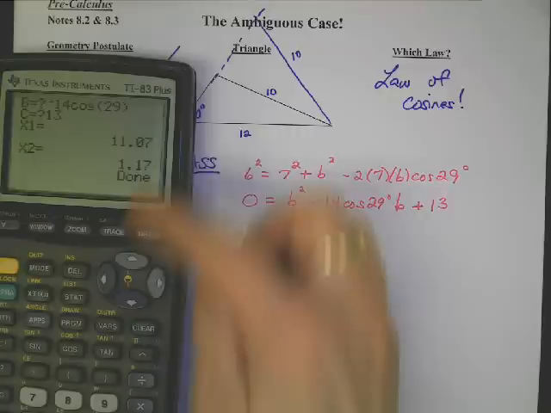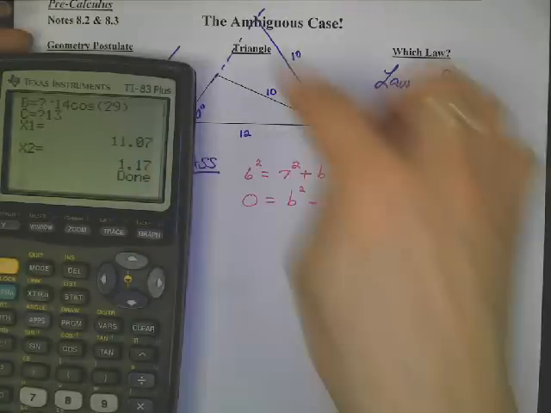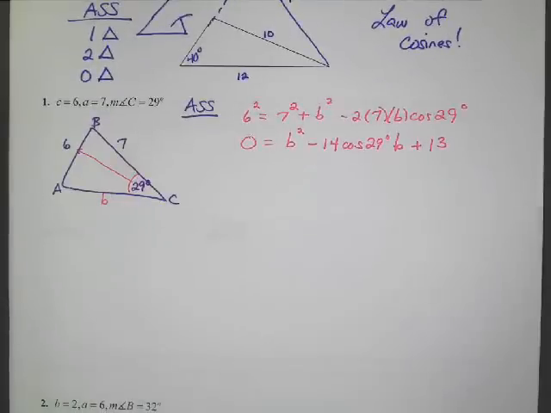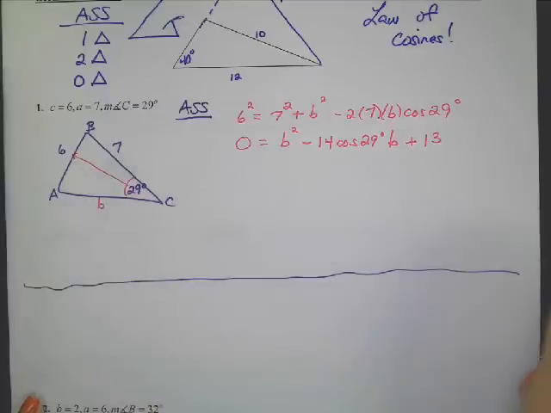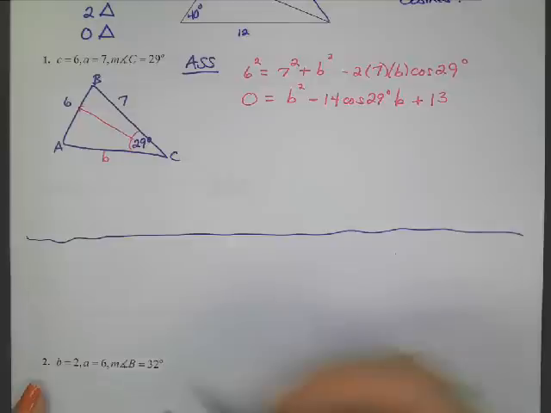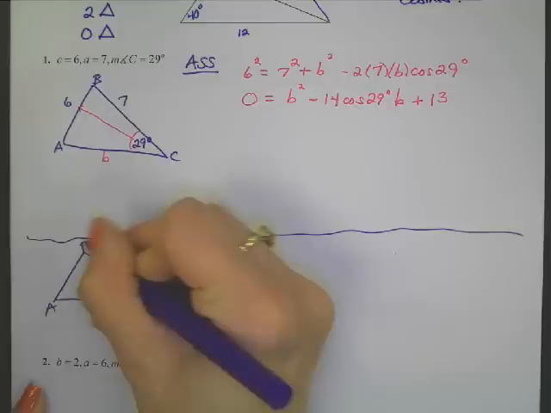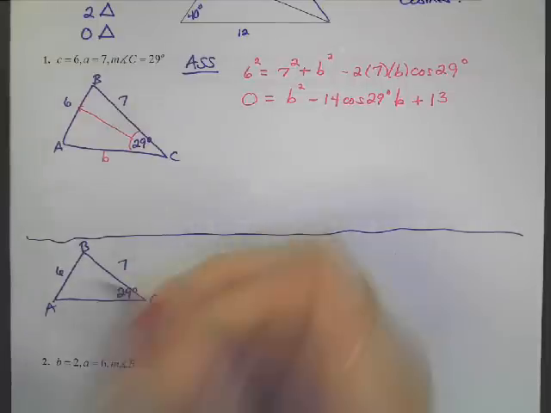Now look at that. There are 2 possible answers, which means this triangle could have a variety of sides for that third length right there. So at this point, what we need to do is split our paper right down the middle, just like this. And we're going to have to do 2 problems, in fact. So let's draw the triangle again. We have A, B, C. We had 6, we had 7, we had 29 degrees.